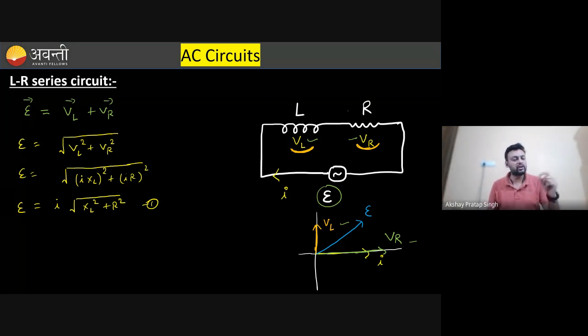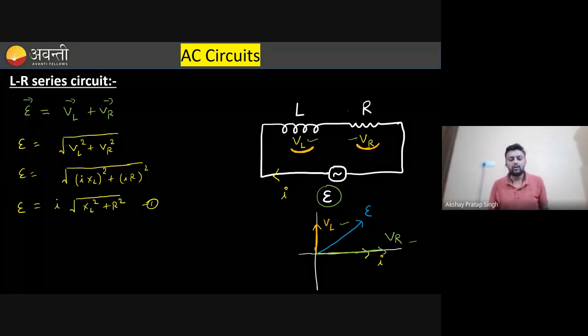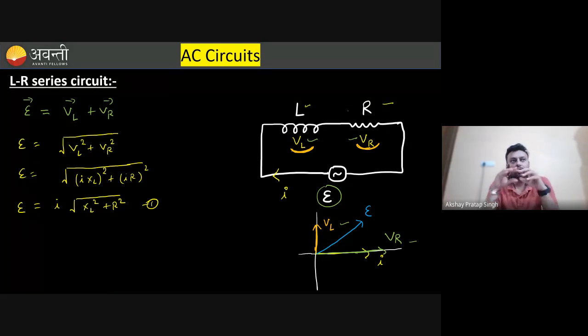Now, when these two quantities, one an inductor and one a resistor, are connected, the combination of these two will also try to oppose the current. We will calculate the effective resistance of this combination, but we will not name it effective resistance, we will name it impedance.